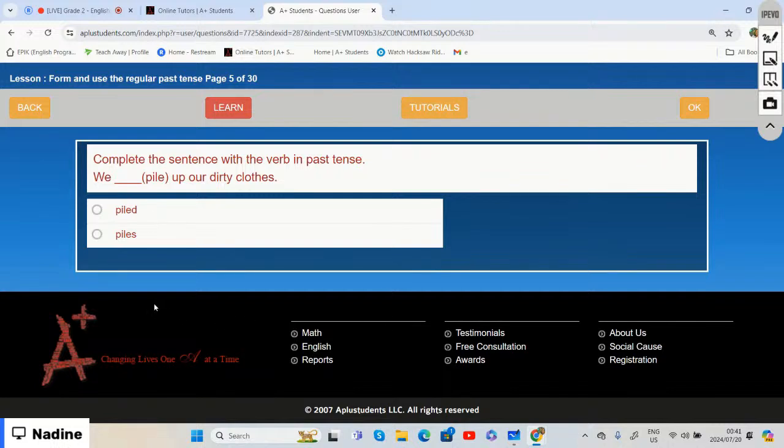Pile is our base word, and if we were to change that word to our regular past tense, then we can say we piled, because remember we add an ed to our word to change it to the past tense. So we say we piled up our dirty clothes.